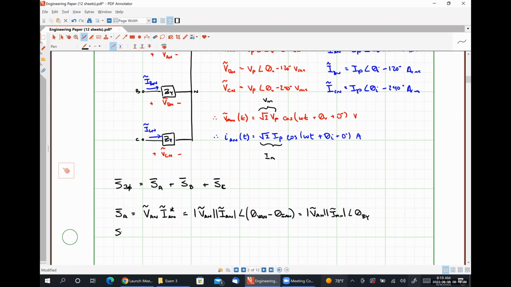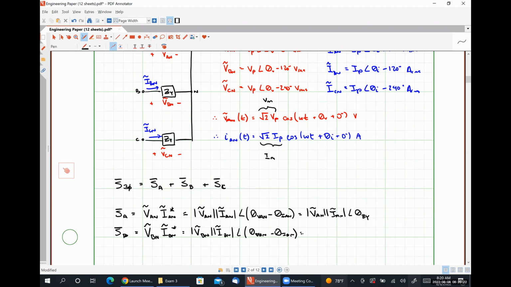For complex power absorbed by phase B, we get VBN IBN conjugate, which is the magnitude of VBN times the magnitude of IBN angle theta VBN minus theta IBN.